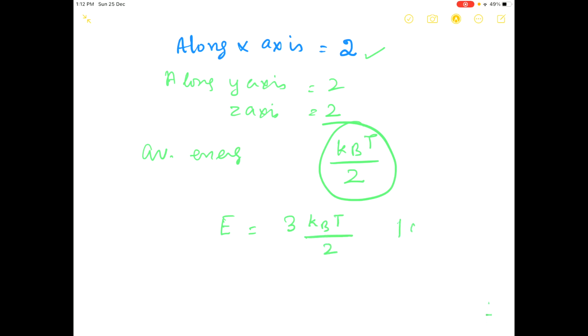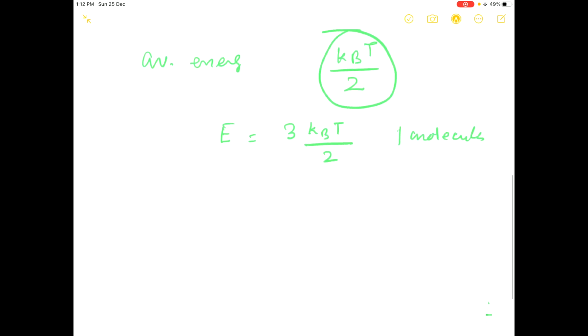But this is for one molecule, and for n number of molecules it will be E is equal to 3n kBT divided by 2. Here kB is the Boltzmann constant and its value is equal to 1.38 into 10 raised to the power minus 23 joules per Kelvin.